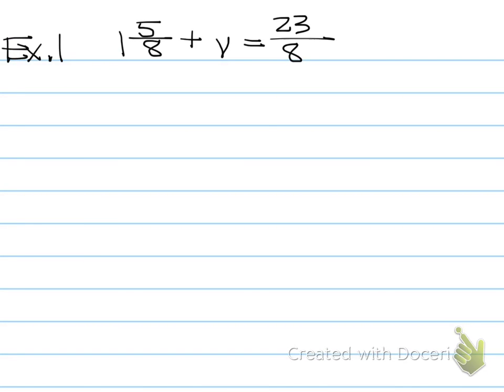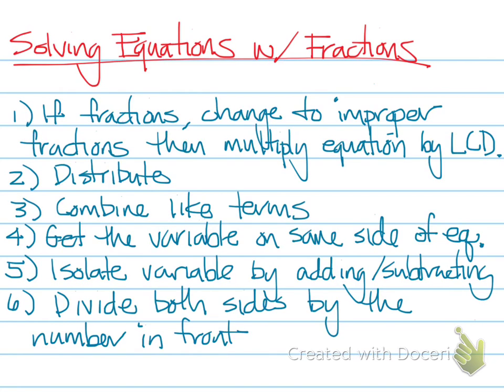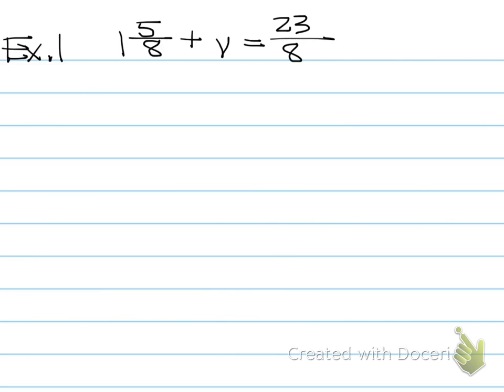All right, so this first equation, we've got 1 5/8 plus v equals 23 over 8. We take a look at the first step. It says if there's fractions, change the improper fractions, then multiply the equations by the LCD. So here in this first example, we've got a mixed number, so we need to write that mixed number as an improper fraction.